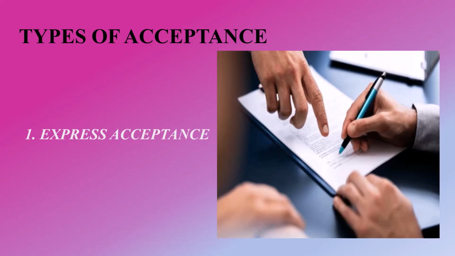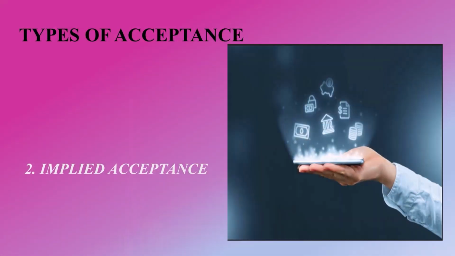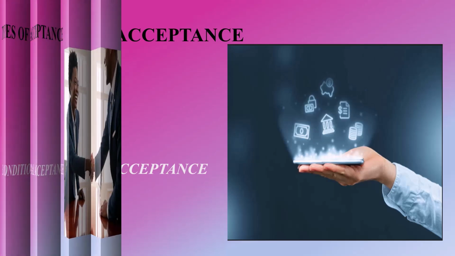The acceptance which is made through clear words, either written or spoken, is called express acceptance. Here we have implied acceptance. The acceptance which is demonstrated through conduct or actions is called implied acceptance.